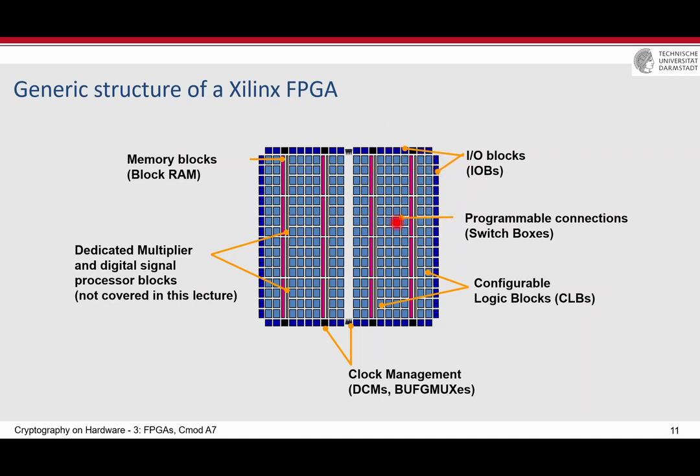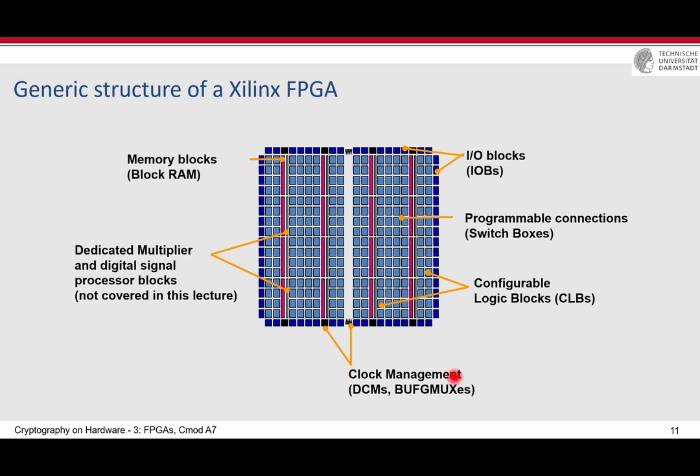These are also configurable, because if you have a single line here that you want to route to an output, it should pass through some programmable connections, which are called switch boxes. These switch boxes are not just for connecting intermediate signals to the I/O blocks, but also to the block memory or block RAMs, and also to clock management units, called DCM in the old days, digital clock management, and some clock buffers and even some multipliers and digital signal processing units inside.